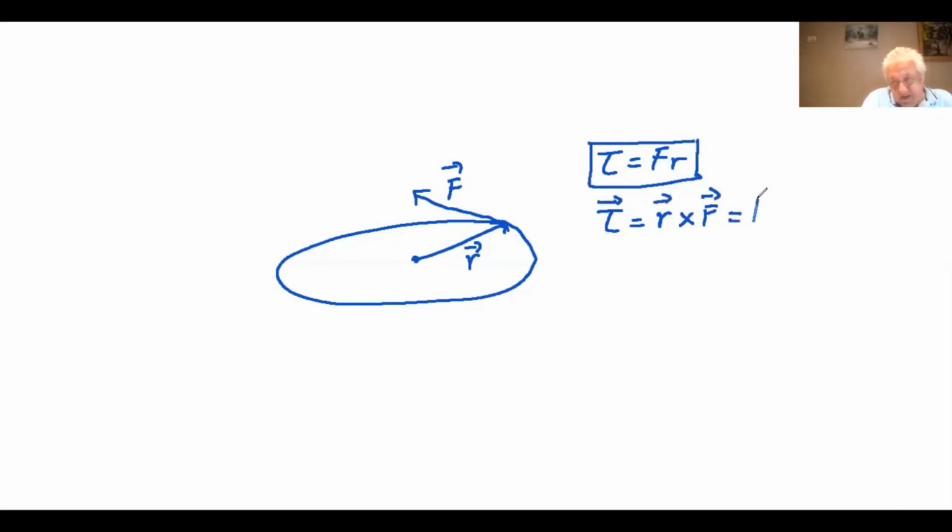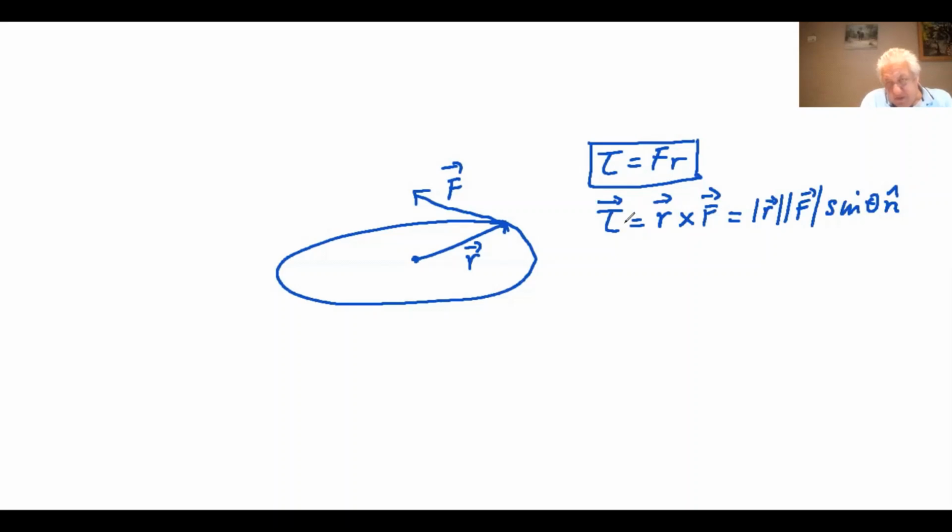It's defined as the magnitude of r, the magnitude of F, sine theta, times a unit vector that's perpendicular to the plane that contains r and F. But what I want to get from this is the direction of tau.